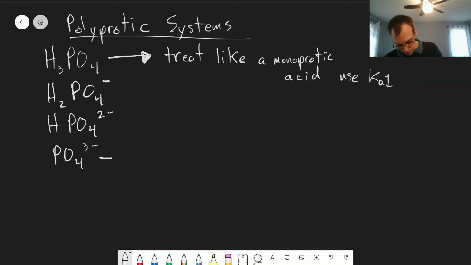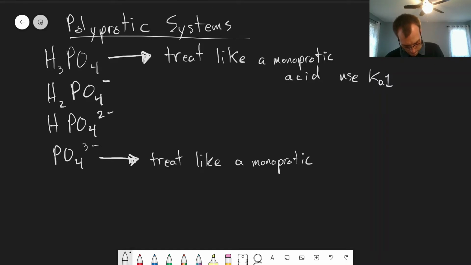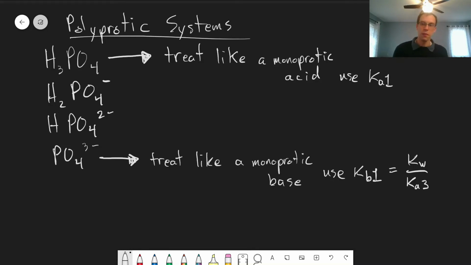If we have the fully deprotonated system, phosphate, we treat this like a monoprotic weak base. And here we'll use Kb1, which, just to remind you, will be equal to Kw over Ka3, because now we have 3 different possible Ka values. Kb1 is going to correspond to that last Ka value.